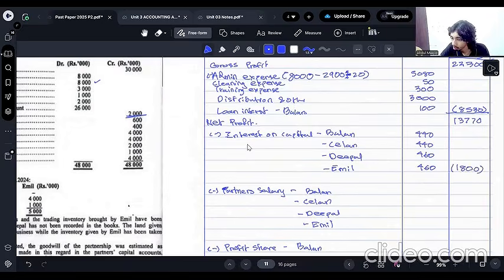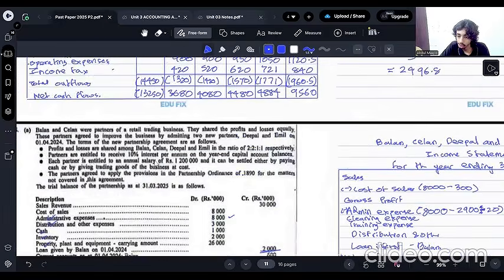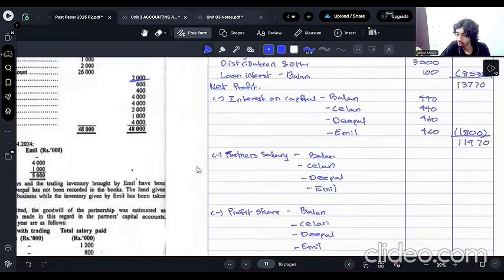Then the remaining out of the profit will be 13,770 minus 1,800, that is 11,970. Now every partner is entitled to a salary of 1,200. So 1,200 each, totally that will be 4,800. Then the distributable profit will be 11,970 minus 4,800, 7,170.